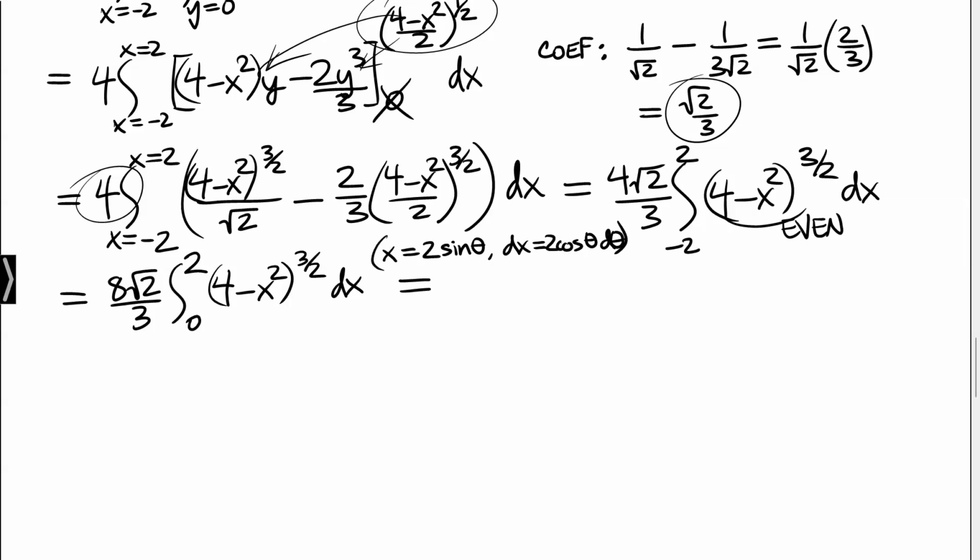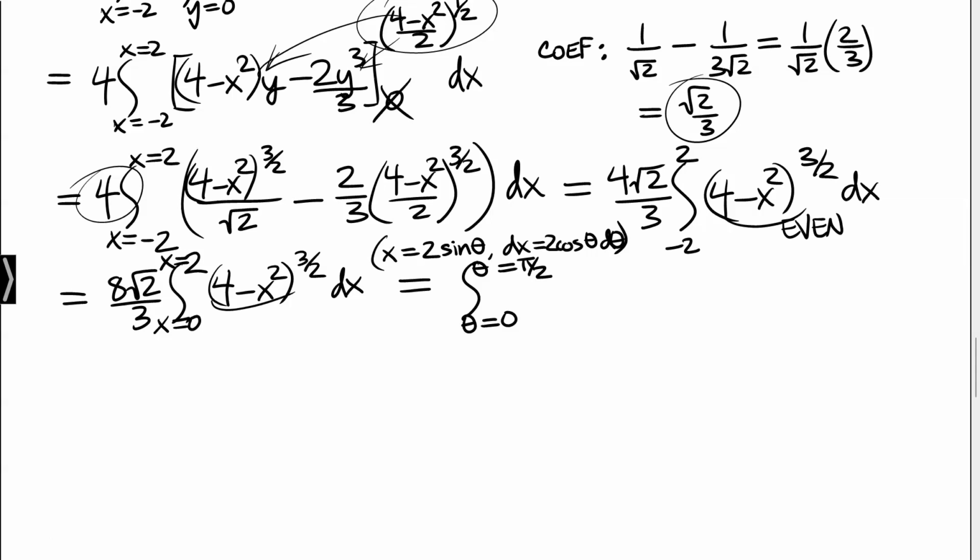Okay. And I'm going to change the limits at the same time. So this gets a little involved here. When x is 0, that means sine theta has to be 0, which means theta is 0. And when x is 2, sine is 1, so theta is pi over 2. So we're integrating now from theta equals 0 to pi over 2.